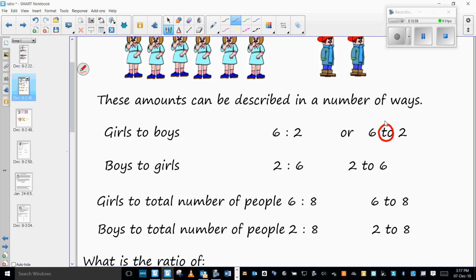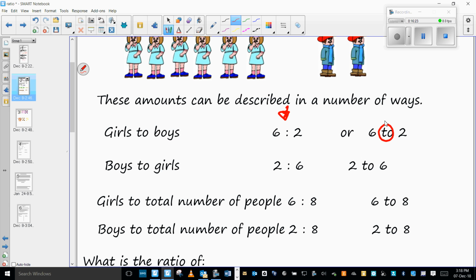Let's focus on these. They might have said boys to girls. Remember, I said the order was important, so 2 to 6 is different. They may have also said girls to the total number of people. So if that was the case, then it would be 6 to 8. They might have said boys to the total number of people, 2 to 8.